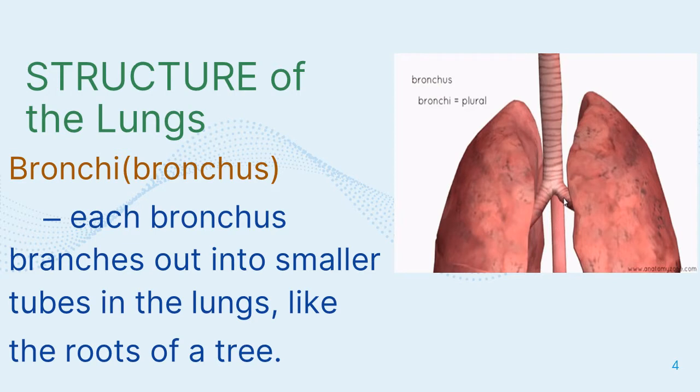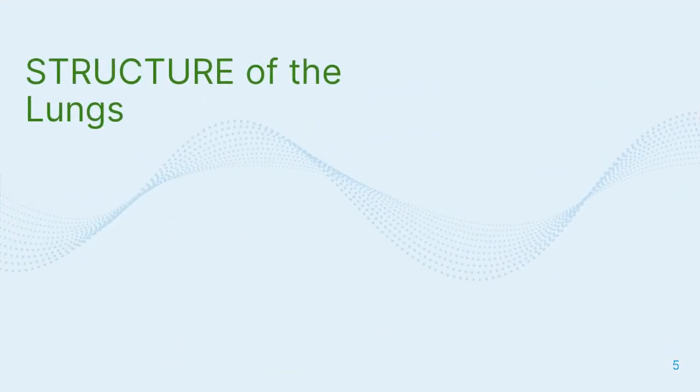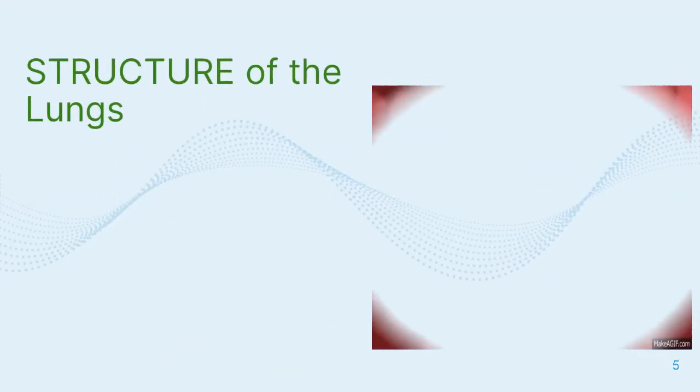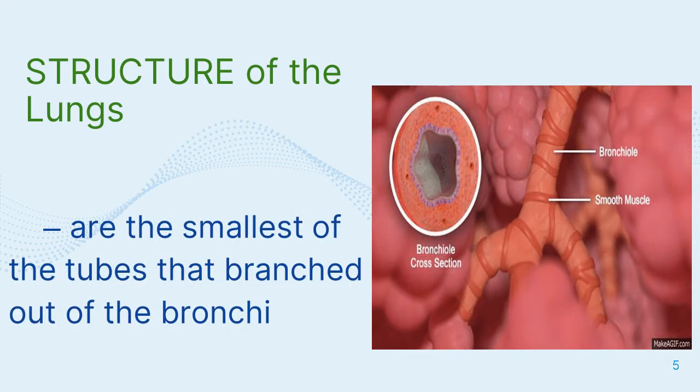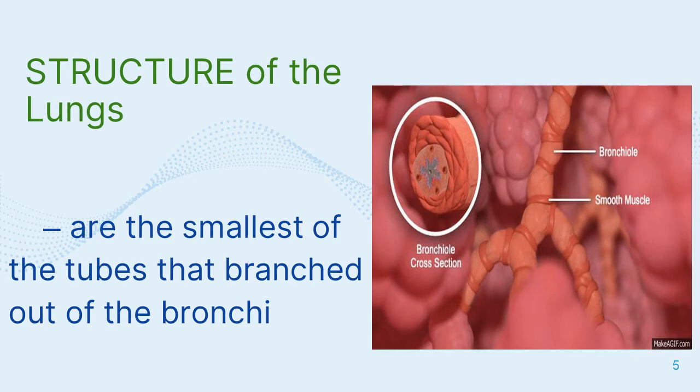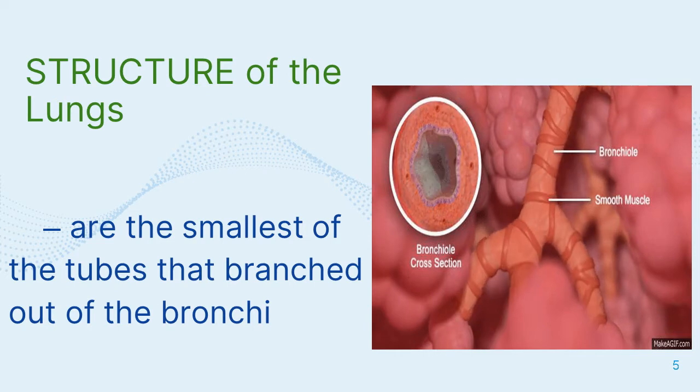One bronchus is connected to the left lung, and the other bronchus is connected to the right lung. These bronchioles branch off into alveoli.